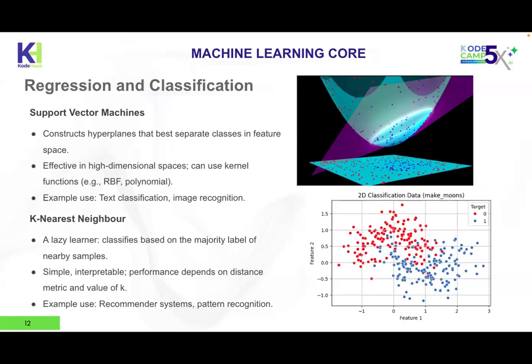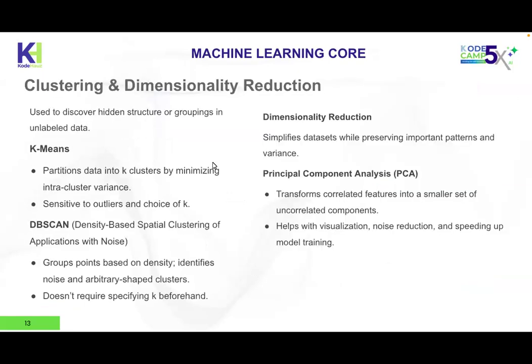So this week we will just quickly delve into support vector machines, k-nearest neighbor, and then we're going to look at clustering. Clustering is done with k-means. K-means is one of the ways of clustering. And then we have DBSCAN, which is density-based spatial clustering of applications with noise. So that's a very long word.